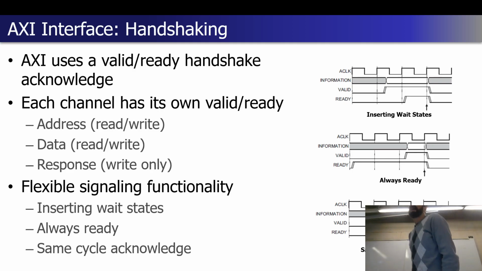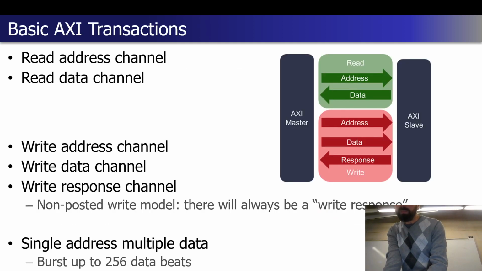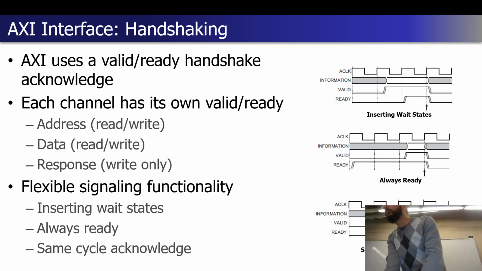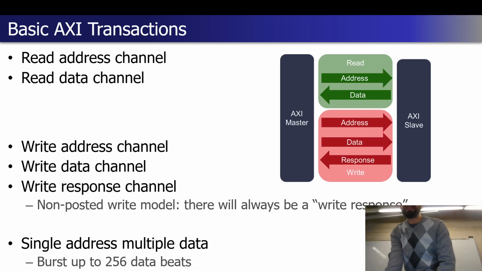The only downside of not doing that correctly is maybe you're losing a cycle or 2 in that handshaking, but all 3 of those possibilities are there. So 5 different channels, each of which has its pair of handshaking signals, plus all the signals we need to be able to do things like send up to 256 data beats in a single read request.